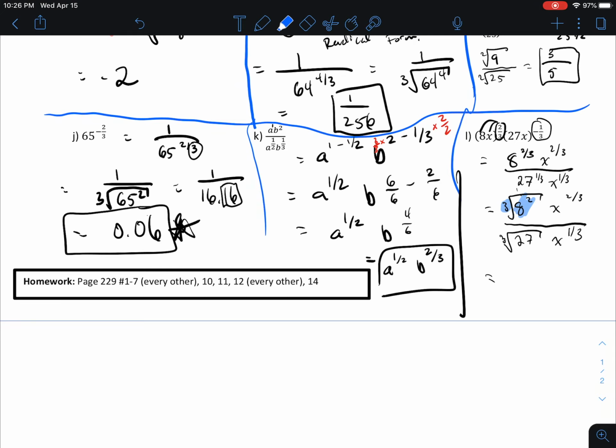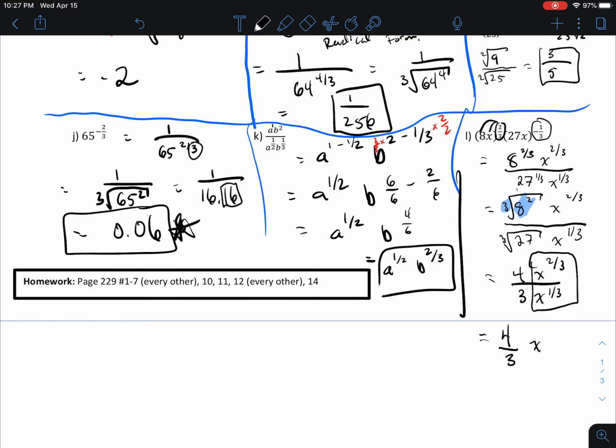So what I'm doing here is squaring 8, that became 64, and then I took the cubed root of 64, okay? Cubed root of 64 is going to be 4. So I get 4x to the 2/3 divided by the cubed root of 27, which we saw earlier as being 3, and then x to the 1/3. And so your final answer here is going to be 4/3.